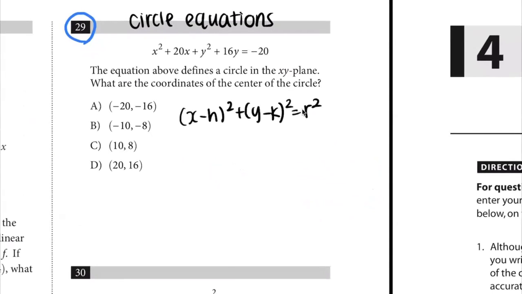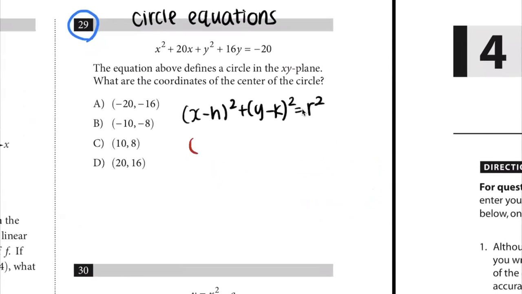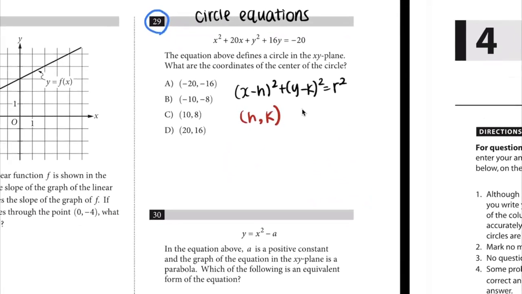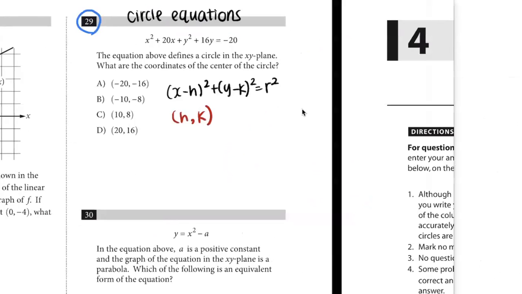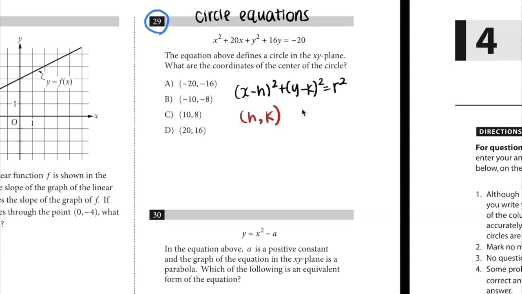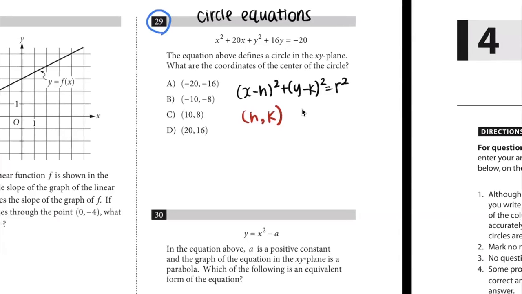The center of the circle is shown by h and k. This clearly isn't in this format, so we need to do that. And how would we do that?